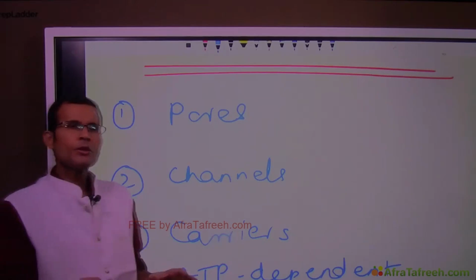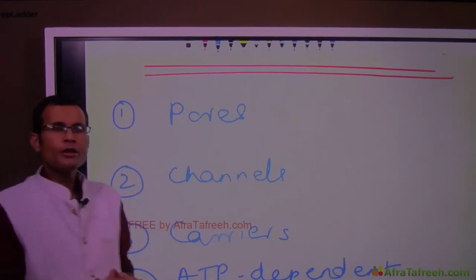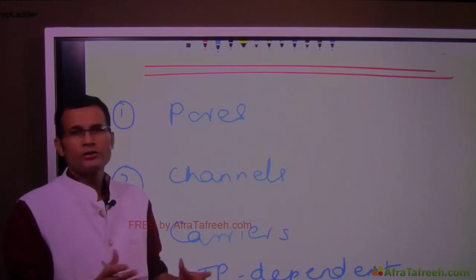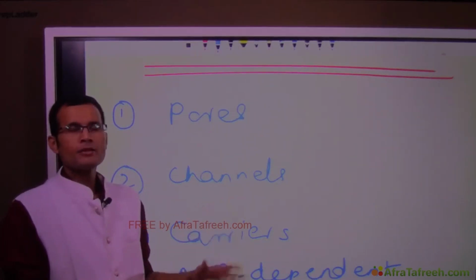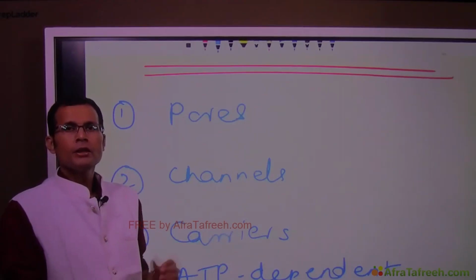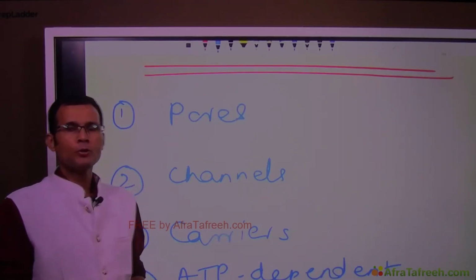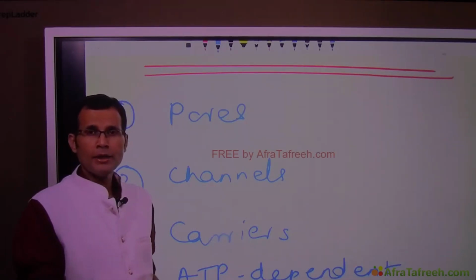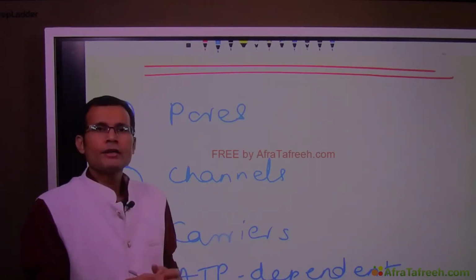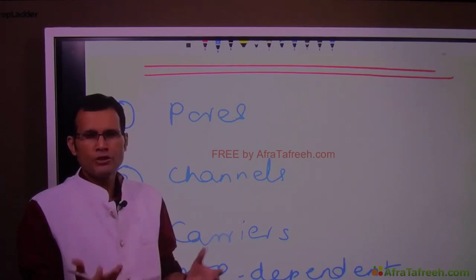Some of the questions which have come in the past, for instance: which of the following is a ligand gated ion channel? The options are GABA A, GABA B, muscarinic acetylcholine receptor, or NMDA receptor for glutamate. The answer is of course GABA A. Or some questions like: tetrodotoxin is a specific poison for which channel?